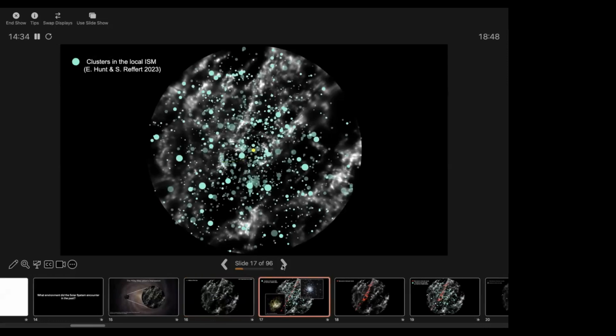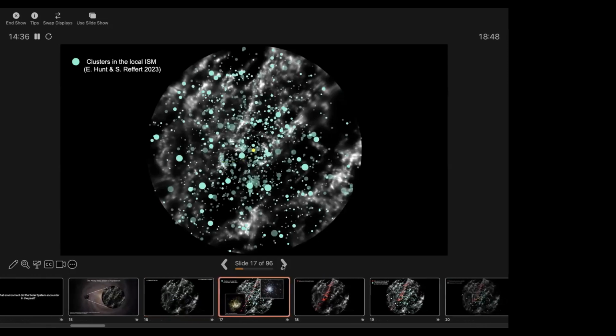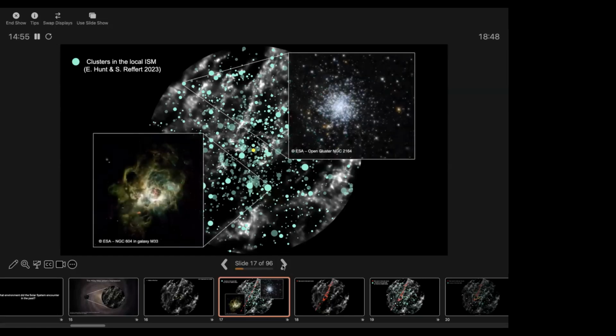And so what we did to do this study, which I did with my colleagues, was to consider clusters. What are clusters of stars? They are families of stars. Each one of these points is not a single star, but a multitude of stars that were all born together.